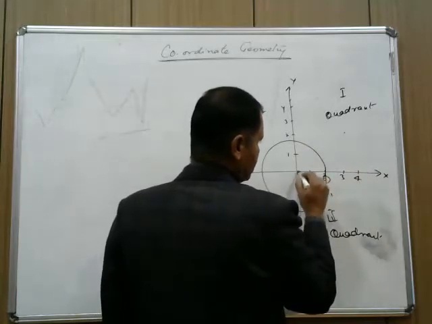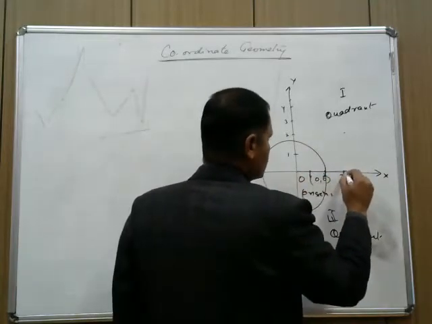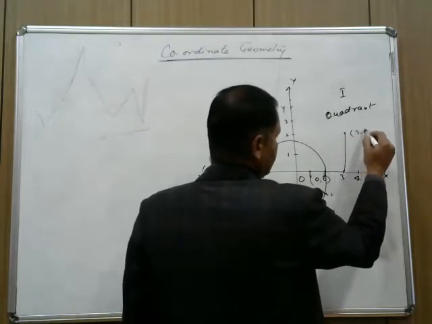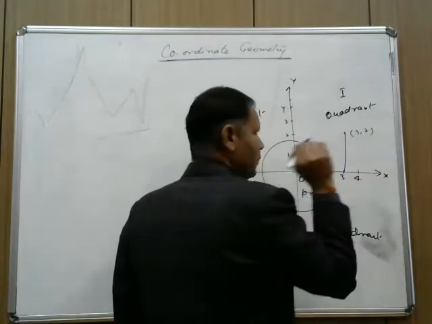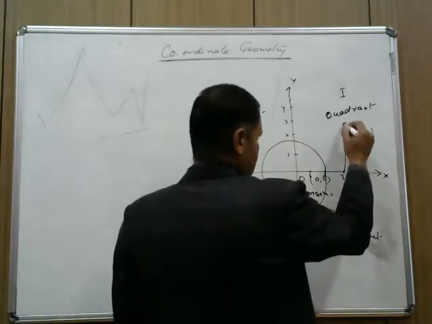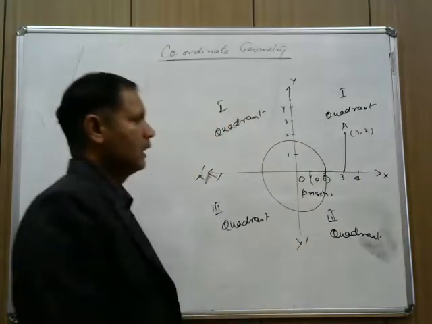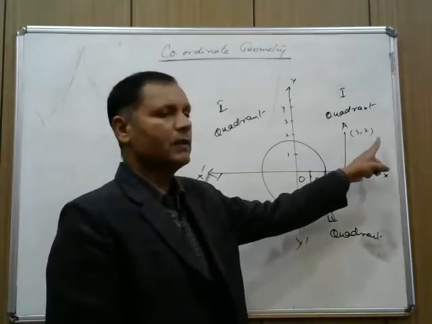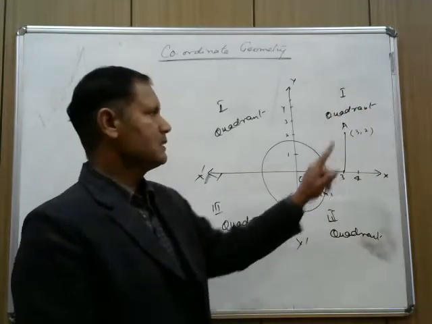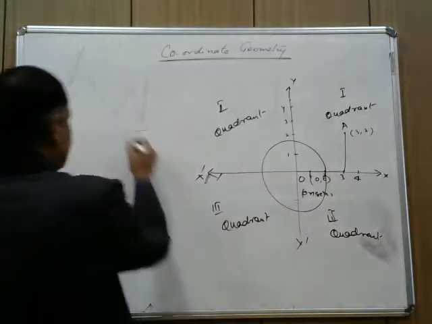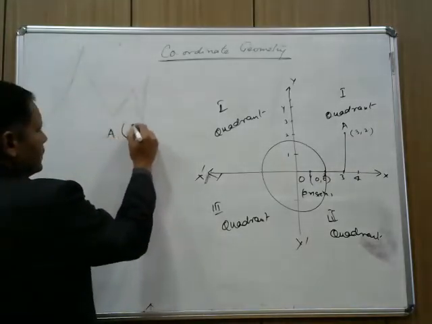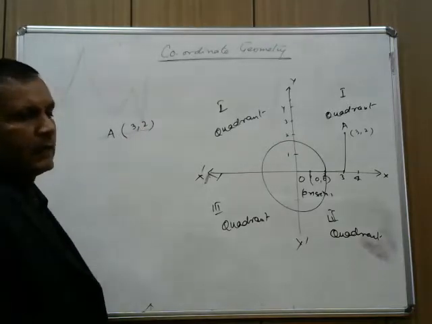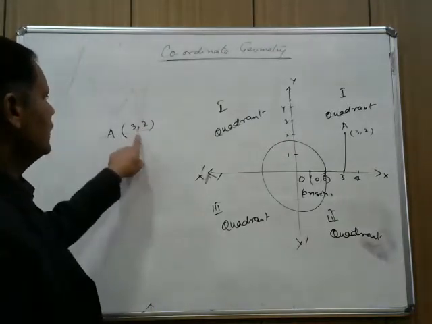Certainly I will go 3 units on x-axis, 2 units on y-axis, and the coordinate of this point will be 3, 2, and I will mark this point as, suppose, A. So now A is a point in the first quadrant having coordinate 3, 2. That means A is a point in the first quadrant having position 3 and 2.